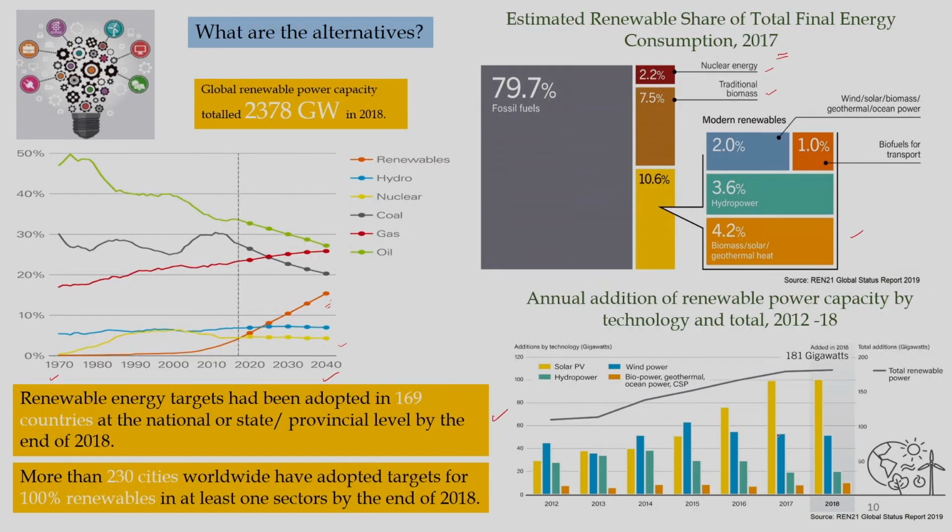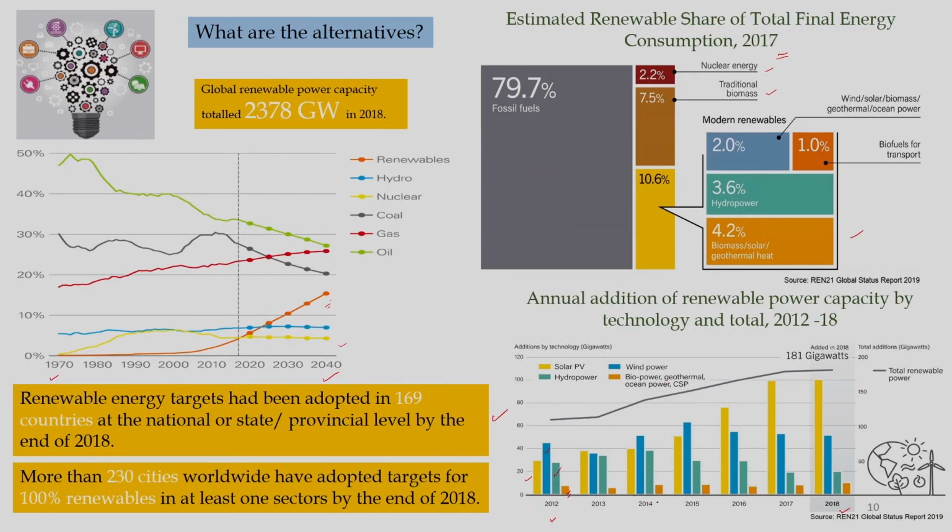This figure shows the annual addition of renewable energy capacity by technology from 2012 to 2018. As you can see, this yellow color is for PV, this blue color is for wind, this green color is for hydropower, and this orange color is for biopower and CSP.